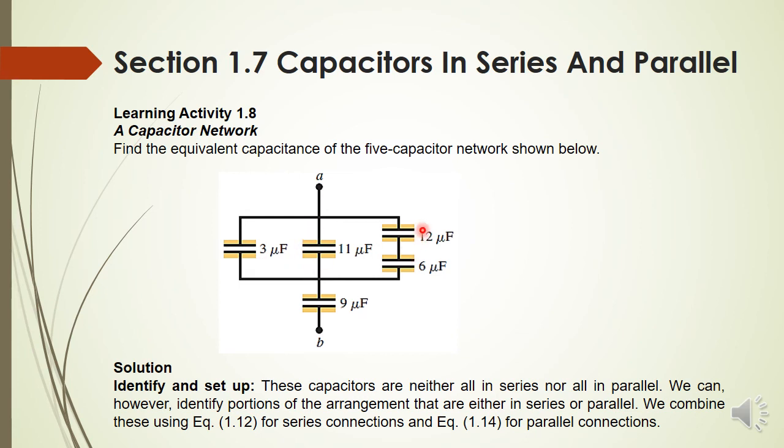Where's the series in here? This is the first series, and you can get a parallel line. The next is a series. So first, series, parallel, and a series to get the equivalent capacitance from point A and B.